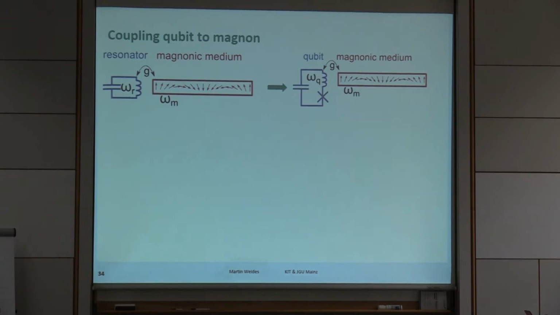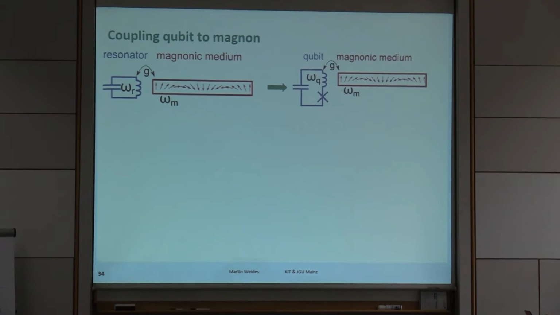Now, as an outlook, so far we coupled two harmonic systems classically, but the objective is to have a qubit coupled to the ferromagnet. A straightforward implementation is seen here, a direct magnetic coupling, but that's a challenge because we need to apply a magnetic field to the ferromagnet, but we don't want to decohere the qubit.